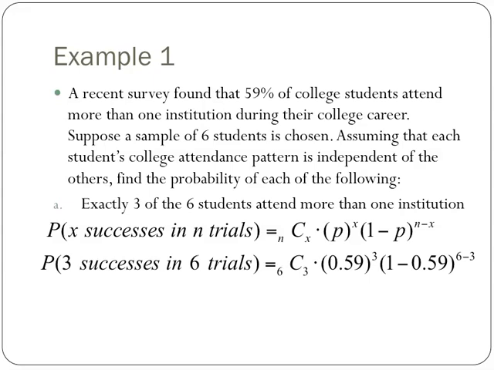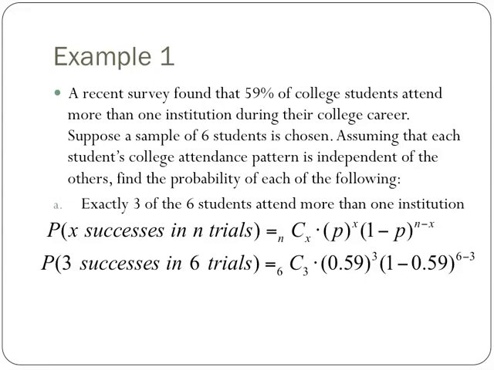So that's 6 choose 3 times the probability that you get a student that attends more than one institution, which is 59%, so 0.59 raised to the third power because there are 3 students who are successes. And then the probability that they did not attend more than one institution, that would be 1 minus 0.59, and we raise that to the 6 minus 3, the other 3 students.